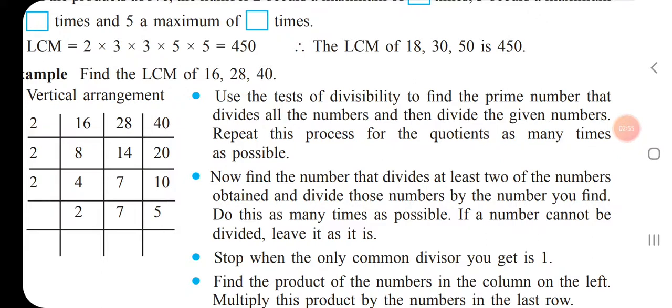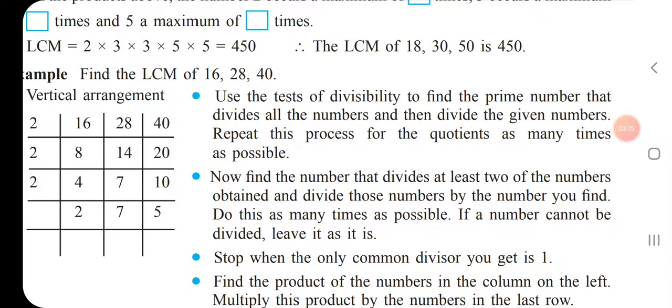Now use the tests of divisibility to find the prime number that divides all the given numbers. Repeat this process for the quotients as many times as possible. After this, find the number that divides at least two of the numbers obtained, and divide those numbers by the number you find.